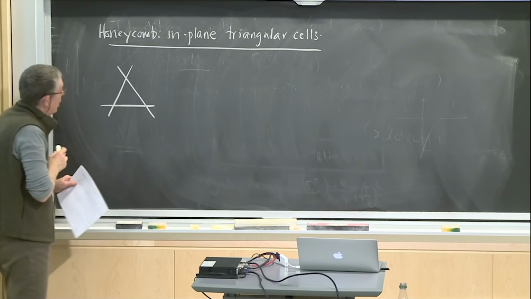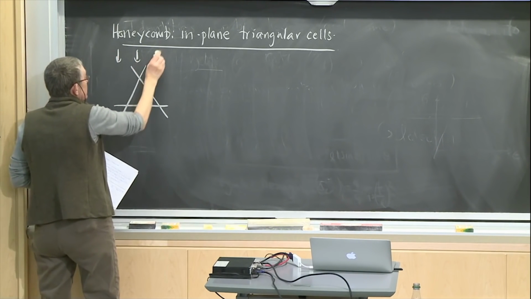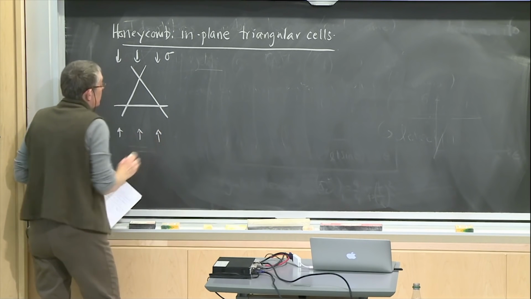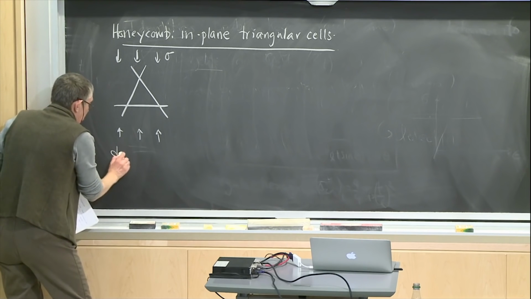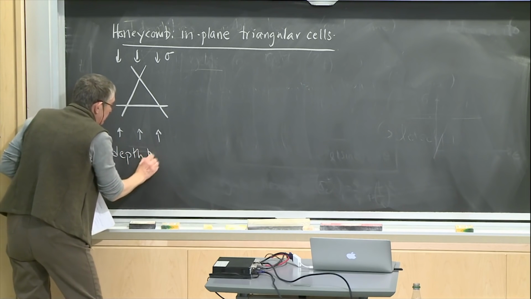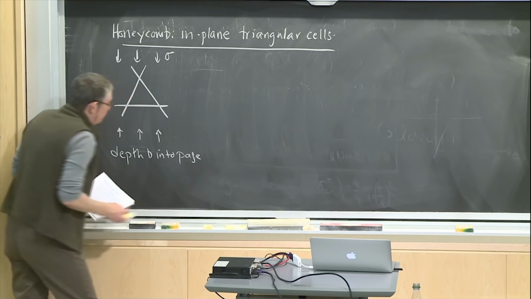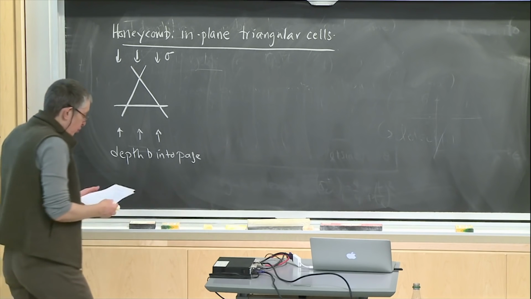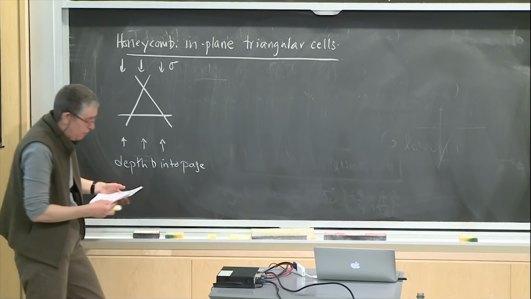So imagine that you've got a honeycomb that's an array of triangular cells like this, and say we're applying some bulk stress sigma to it like that, and say it's got a depth B into the page. So when we have a triangulated structure like this, it behaves like a truss, and we can analyze it as being a pin-jointed structure, that there's no moments at the joint.